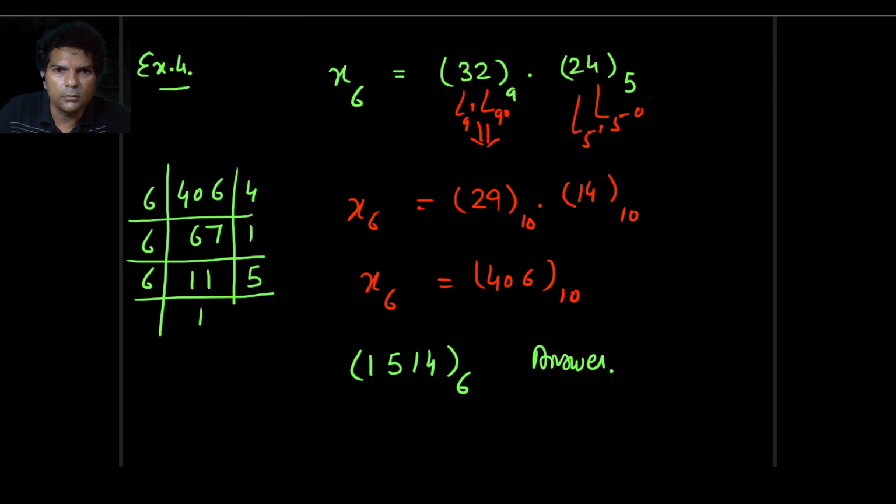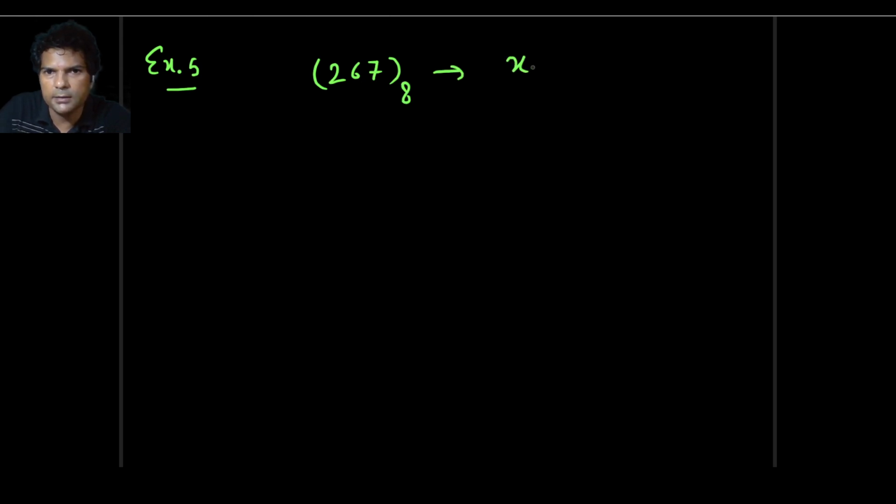Okay, so now the next question is example number 5. 267 in base 8 is given, and we need to find x in base 11. So base 8 is given and we need to find the value of x in base 11.